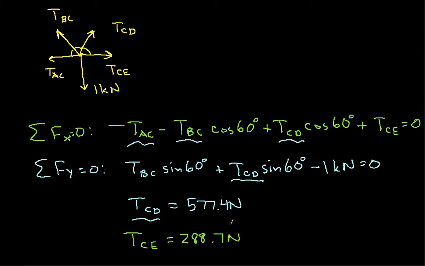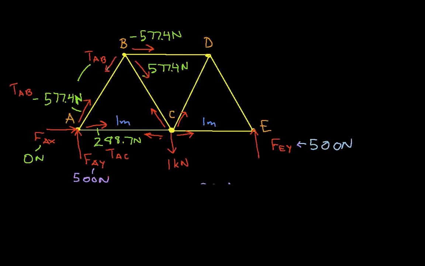Okay, so we've got two more values that we can take back to our free body diagram and write down. We had TCE is 288.7 newtons, and TCD was 577.4 newtons.